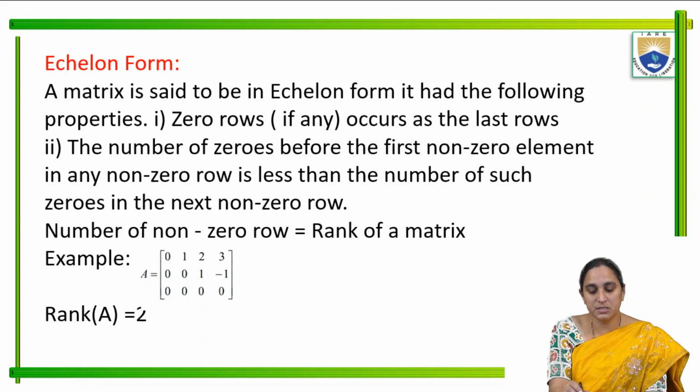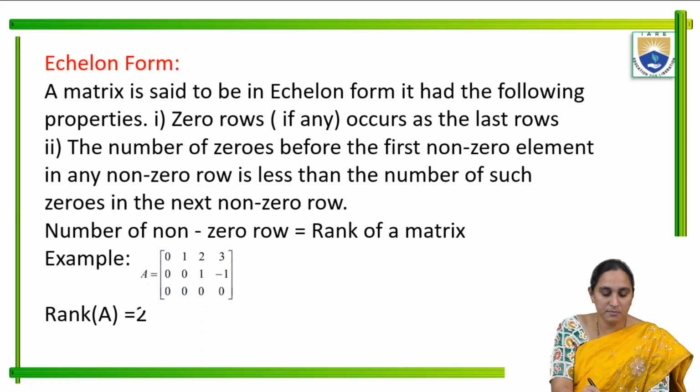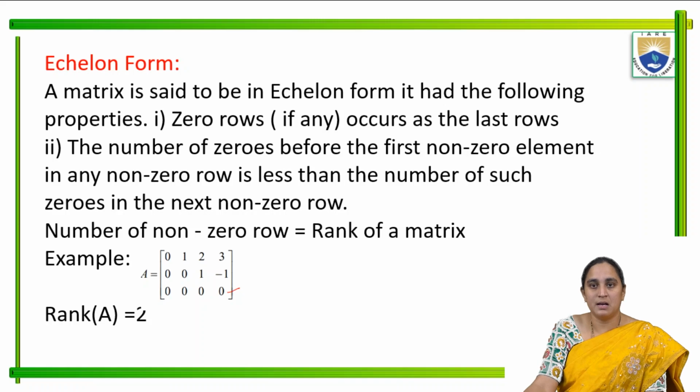What about the first point of the echelon form? Zero rows occur as the last rows. See the example for that. And the second point: the number of zeros before the first non-zero element in any non-zero row is less than the number of such zeros in the next non-zero row.